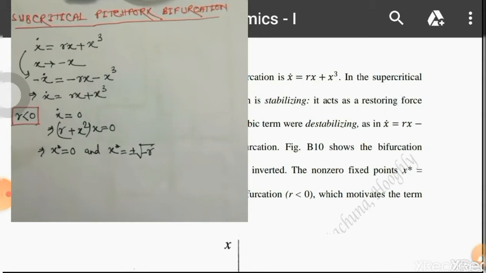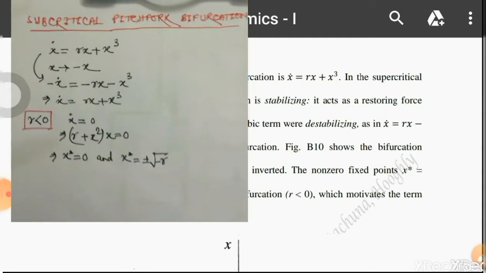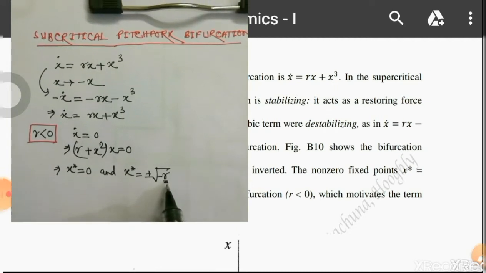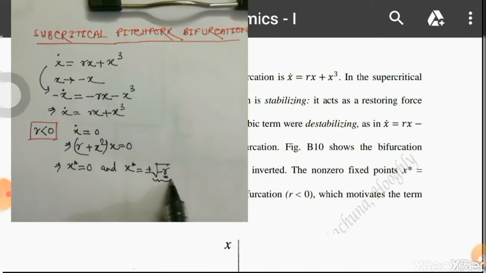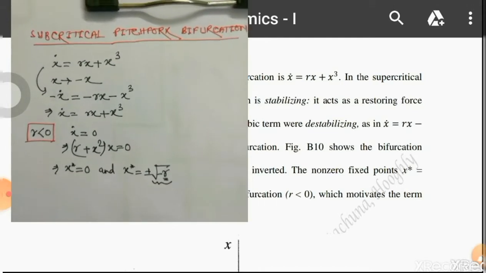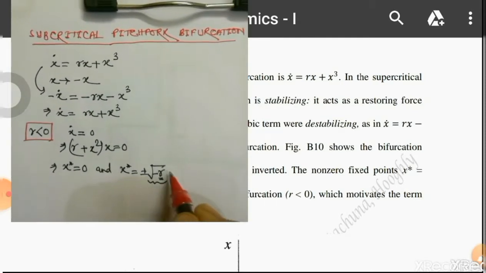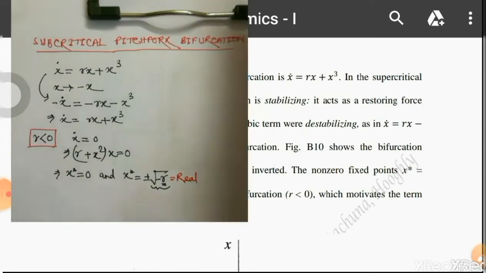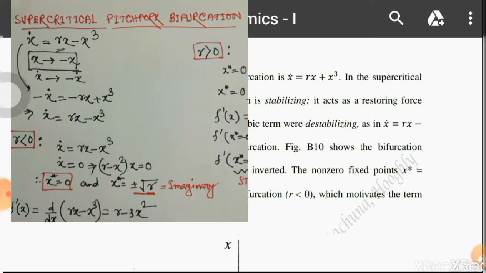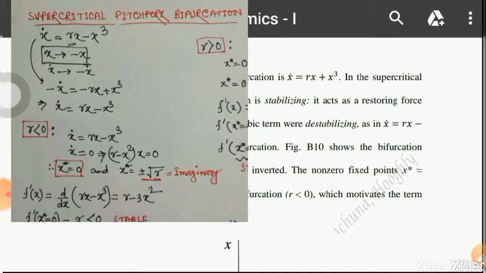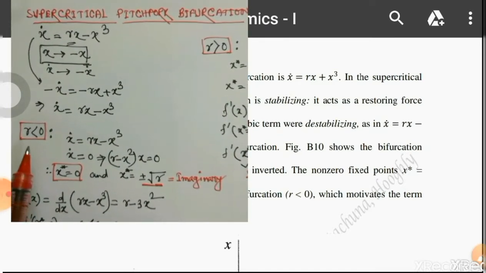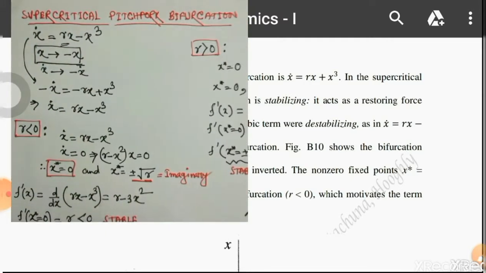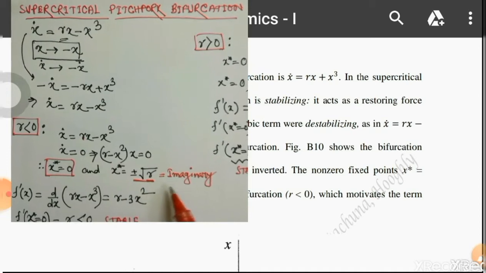Okay. Now, since r is itself negative, this term will be a real number, which, in the case of supercritical bifurcation with r less than 0, was an imaginary number.